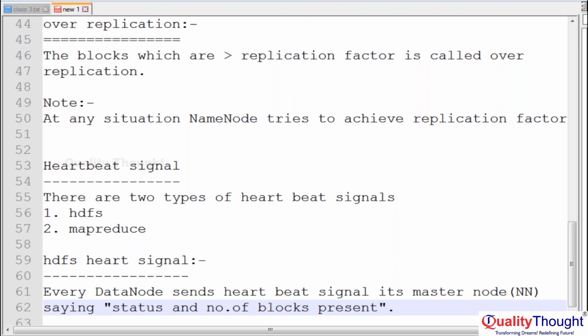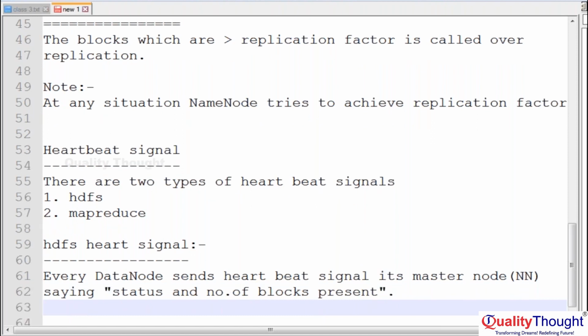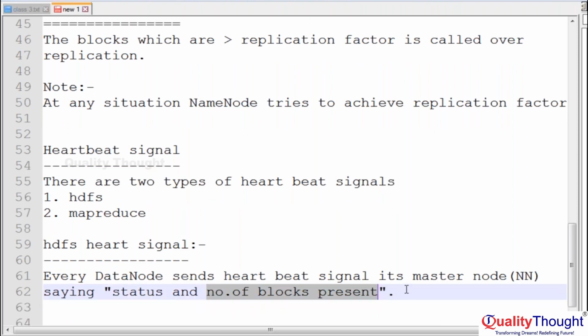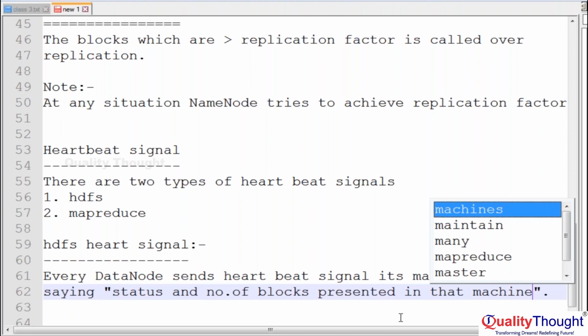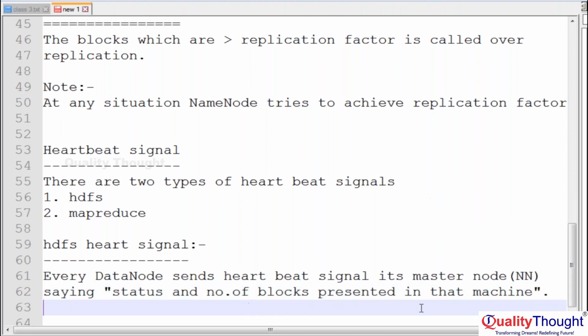So every data node sends a heartbeat signal to its master machine saying the status of that machine and the number of blocks presented in that machine.